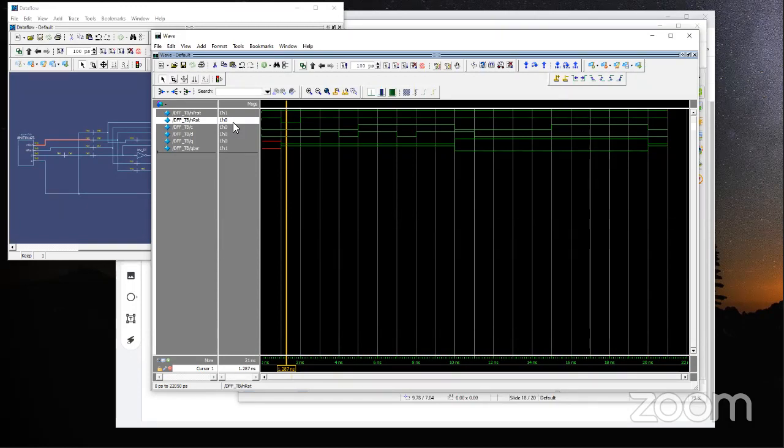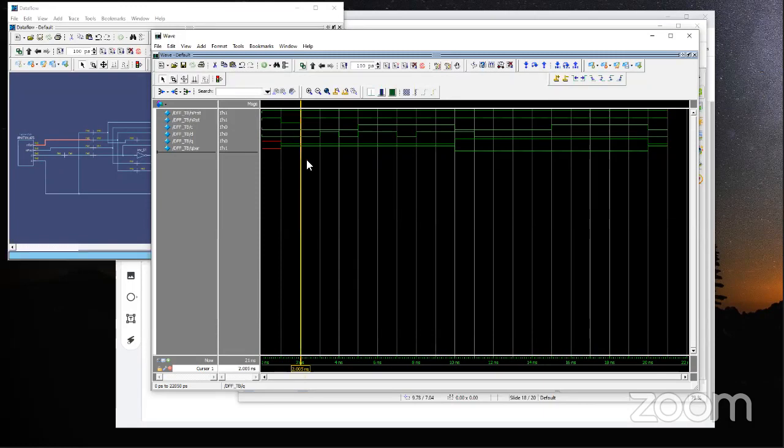If it is a positive edge triggered flip-flop, either operation will happen only after the clock reaches that positive edge. But we'll be dealing mostly with the asynchronous reset and preset, where we can reset or preset flip-flops at any point of time, irrespective of the clock state. All right.